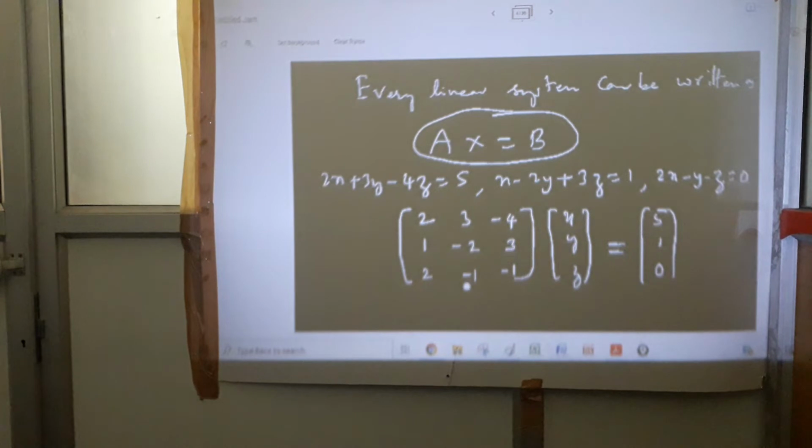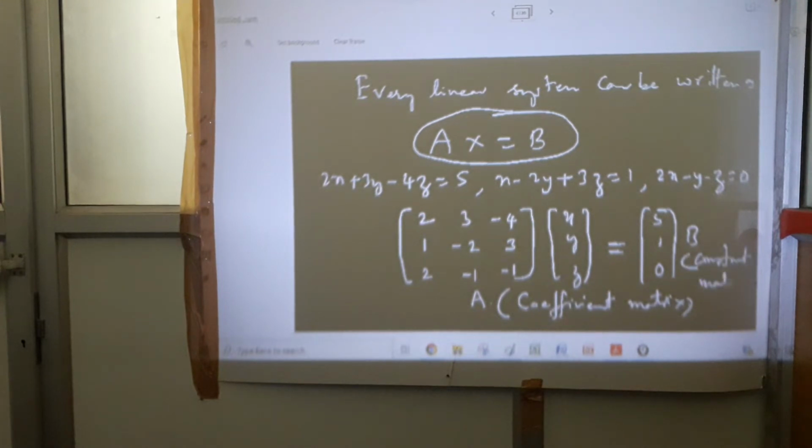Okay, here this matrix A is called the coefficient matrix. This B is called the constant matrix.